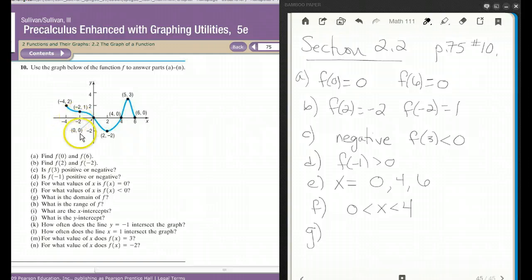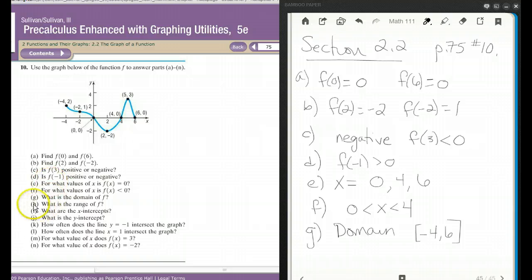So for us, if we were to shine a light from above and from below, negative 4 would be shadowed, and everything here would be shadowed by the light above, and then the light below would shadow everything between 0 and 4, and the light above would shadow everything from 4 to 6. So the shadow would be from negative 4 to 6, including negative 4 and 6, so that's our domain. So negative 4 to 6. Again, that's done by shadowing from the top and from the bottom.